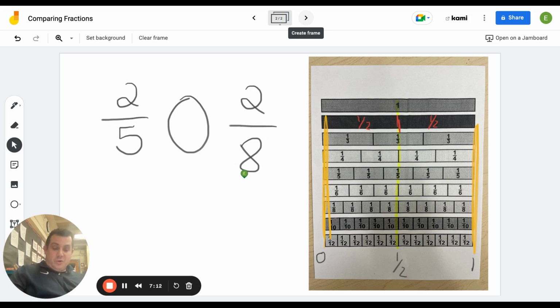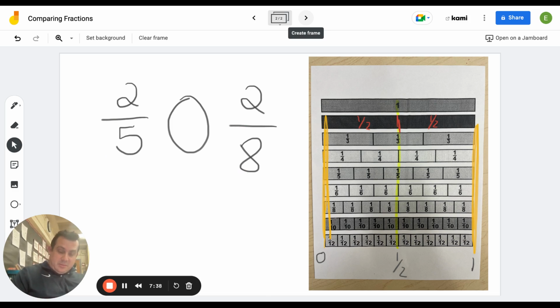So that means, if we're talking pizza, that we both have 2 slices. But that doesn't necessarily mean that we have the same amount of pizza, because we don't know how big the slices are. So when you go here, this pizza pie only had 5 slices. This pizza pie had 8.